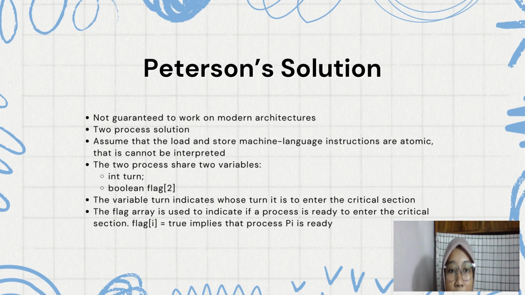The two processes share two variables, an integer turn and a boolean flag array of size 2. The variable turn indicates whose turn it is to enter the critical section. The flag array is used to indicate if a process is ready to enter the critical section. flag[i] equals true implies that process Pi is ready.